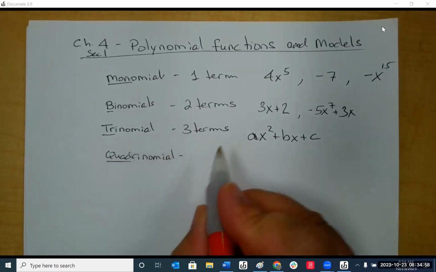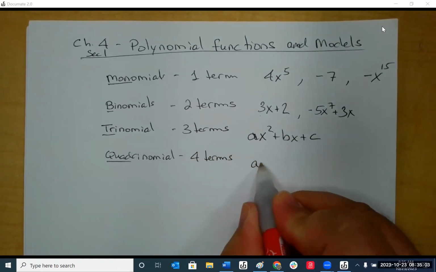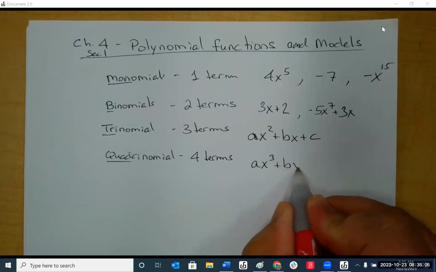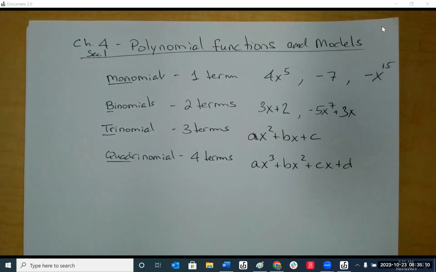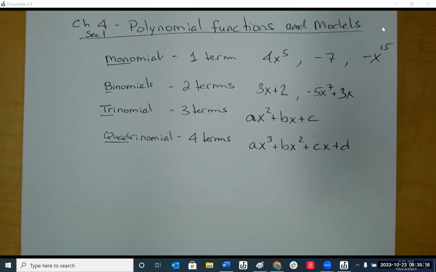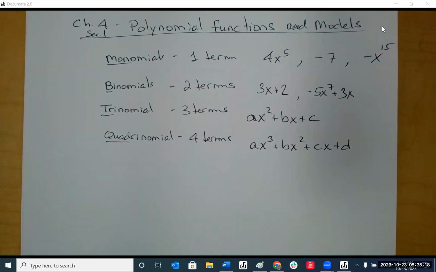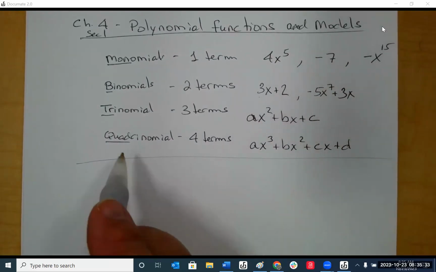A quadrinomial has four terms. It has four terms, and so on and so forth. That just tells you how many terms you have.